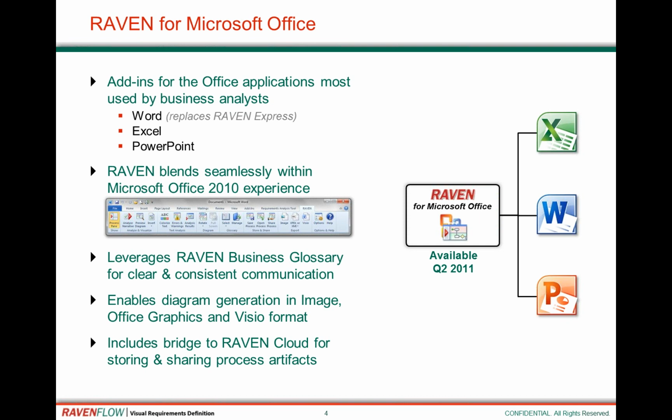There's a lot of things that factored into this, but we believe that Office 2010 is a significant step up for all Office users in the enterprise, and really wanted to optimize what we did with Raven to take advantage of those capabilities in Office 2010.